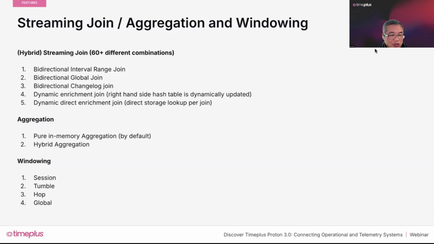For the join, we support different modes, like hybrid hash join if the join cardinality is super high. For aggregation, we support pure in-memory aggregation and also hybrid aggregation to honor high cardinality aggregation use cases. And join is super rich. We support different join semantics like bi-directional join, direct enrichment join, and also changelog join for the data mutation semantic. Next one.